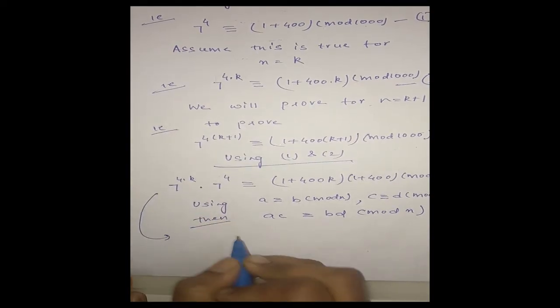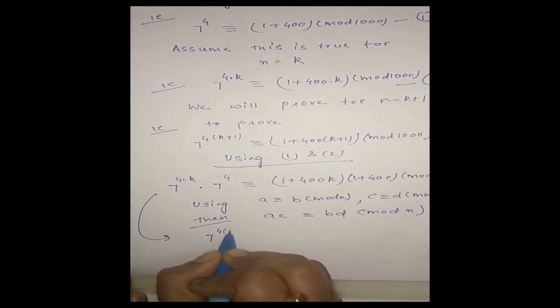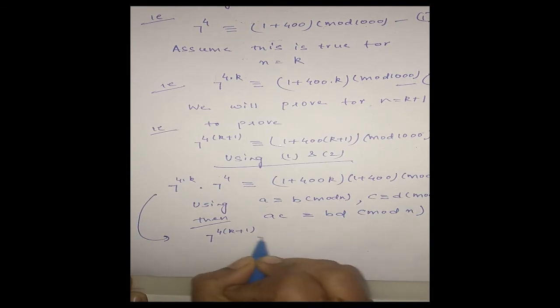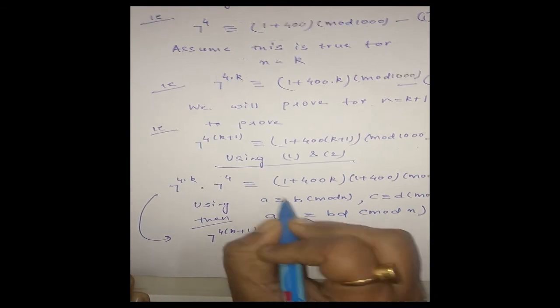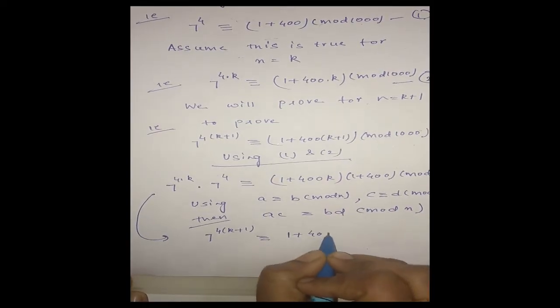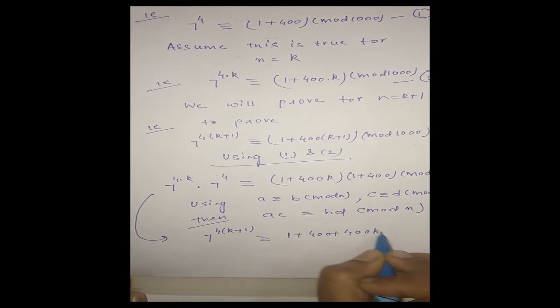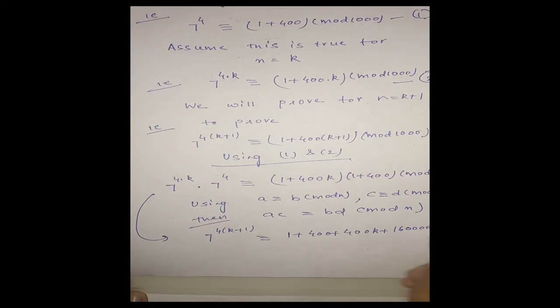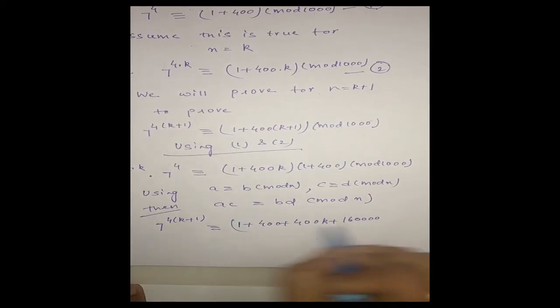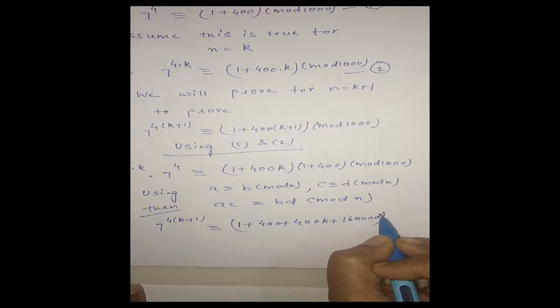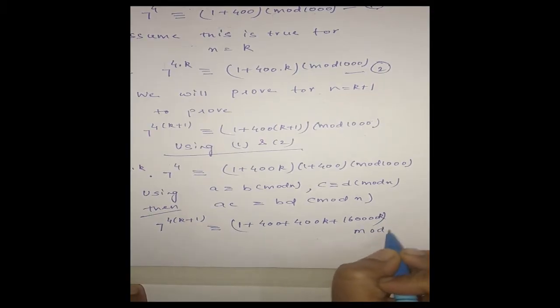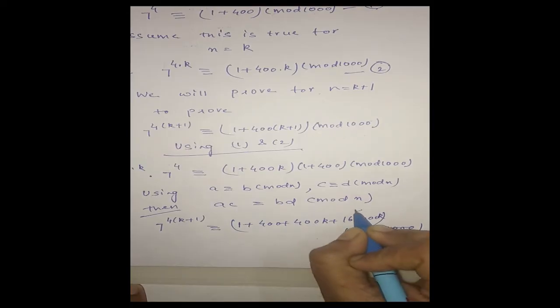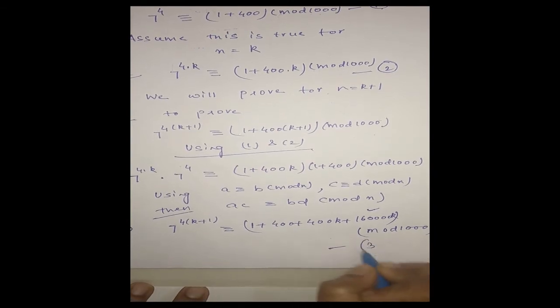Now this will give us 7 power 4(k plus 1) is congruent to, multiplying this out, 1 plus 400 plus 400k plus 160,000k modulo 1000. Now we will simplify this. Mark this as relation 3.